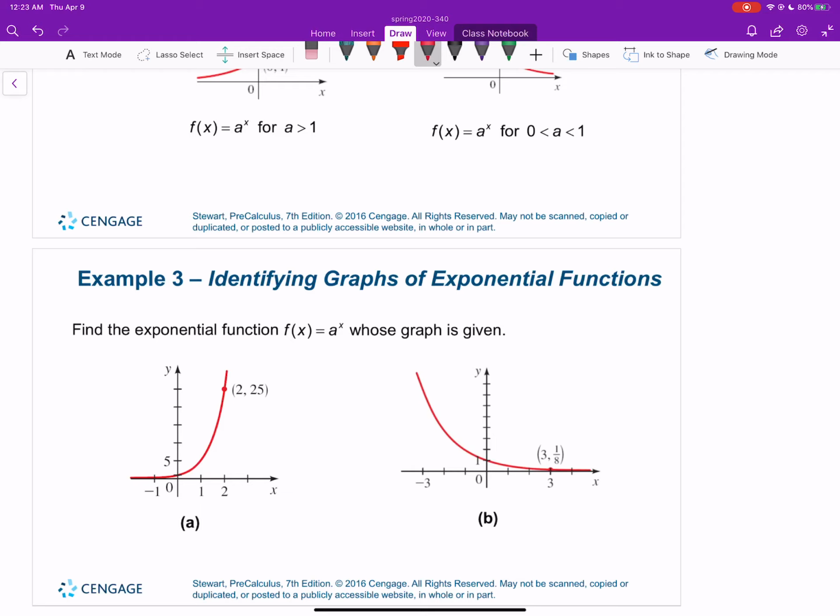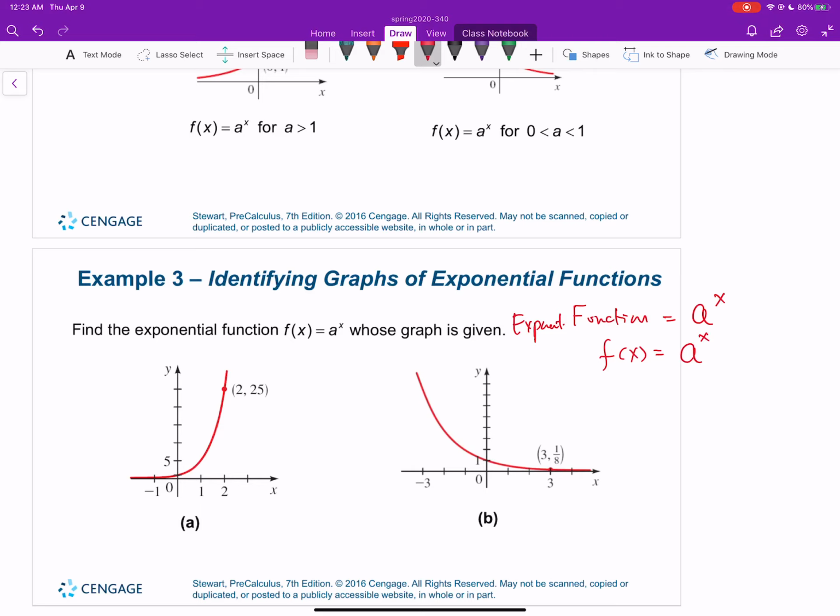Can you find some information? So our go-to exponential function is always going to be a raised to the x. We're going to define f of x as the base a raised to the x.